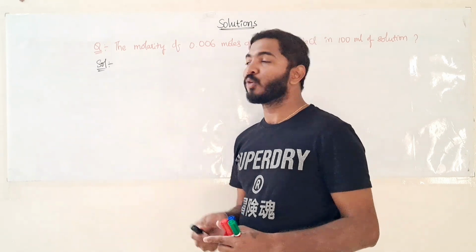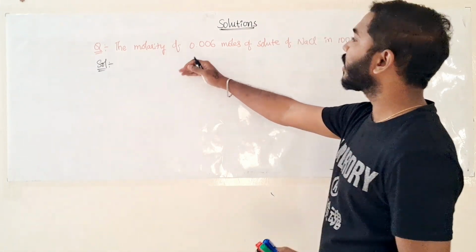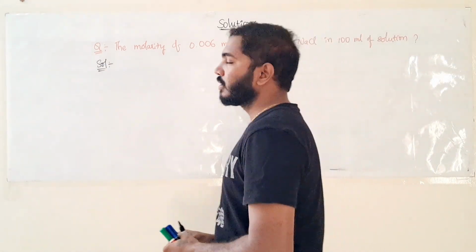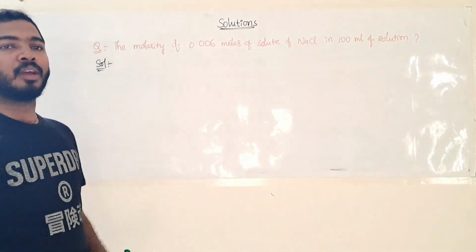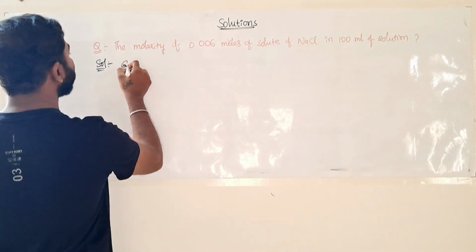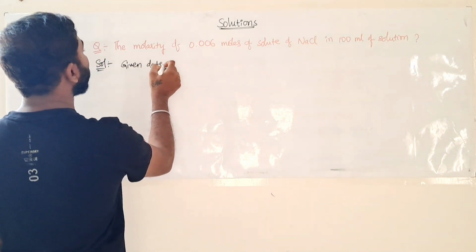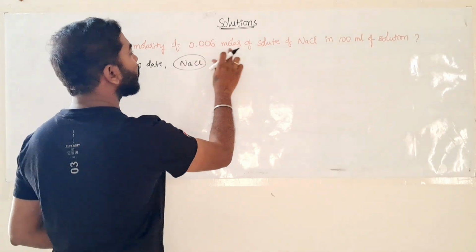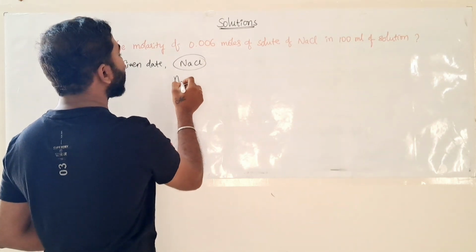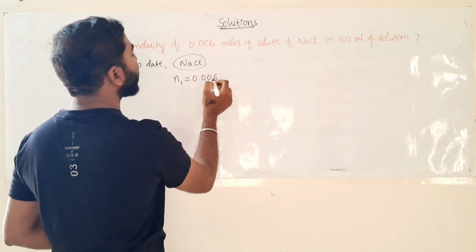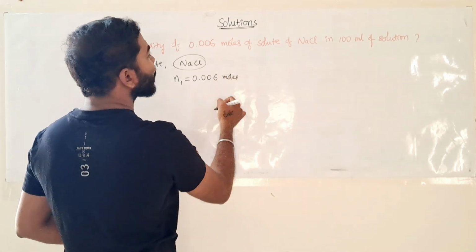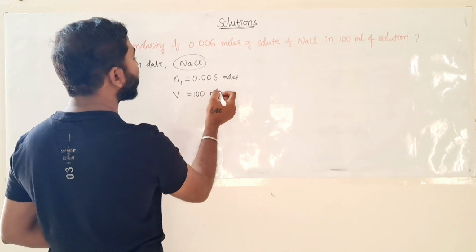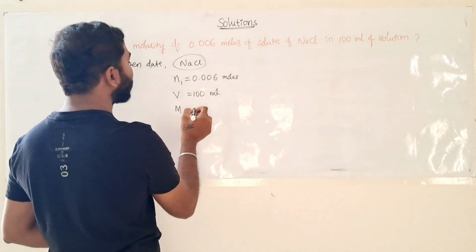Next, let's move to the next question, that is calculate the molarity of 0.006 moles of solute NaCl in 100 ml of solution. Let's try to derive the given data. The compound they have given is sodium chloride, that's fine. And if we observe here, they have given the number of moles, that is 0.006 moles. And they gave the volume as 100 ml, and then we need to calculate the molarity.